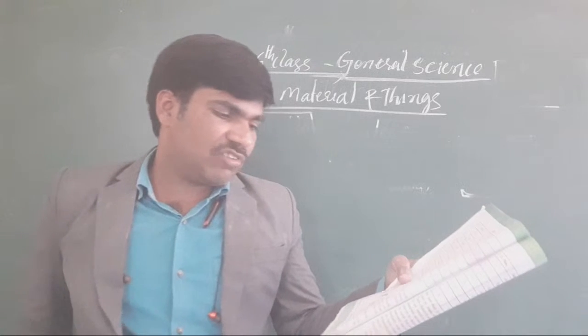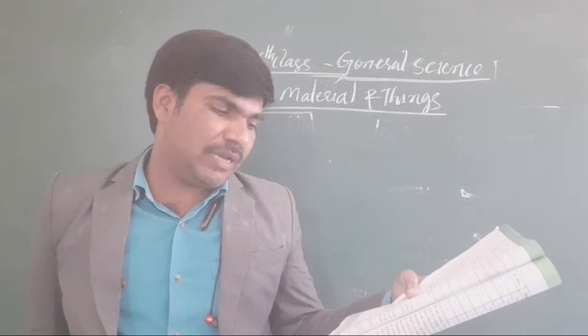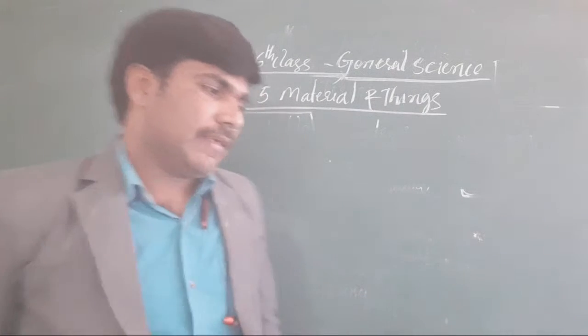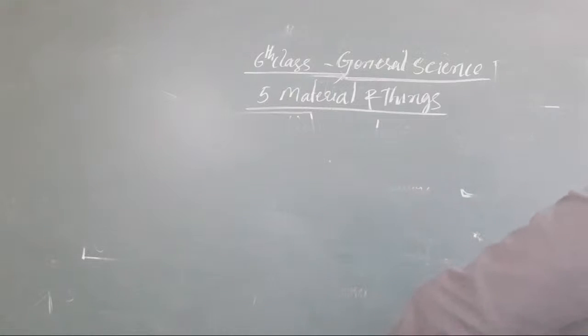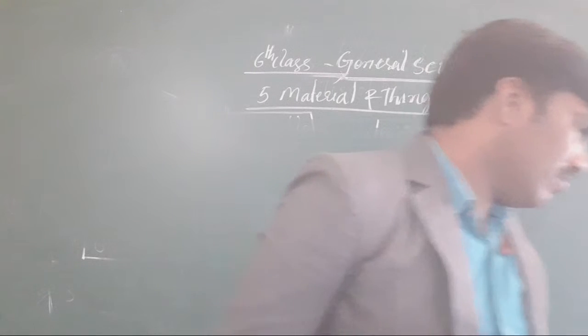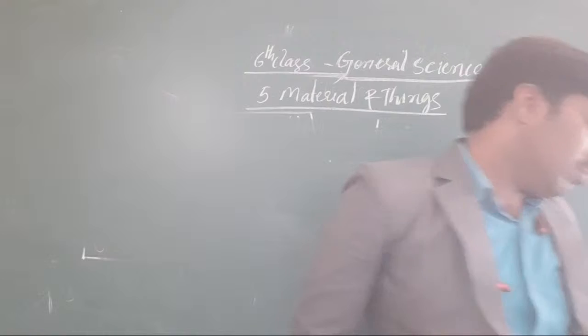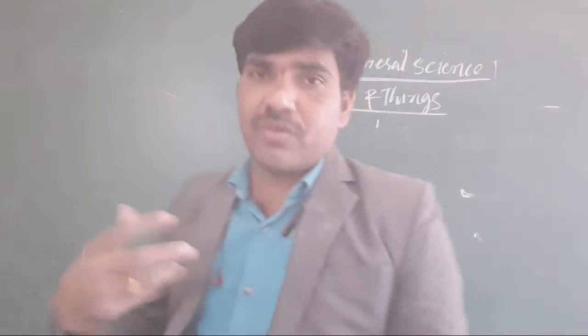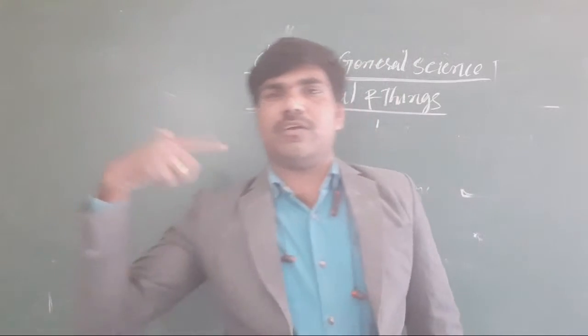Come to your page 44, at the bottom we have one piece of information. When white light shines on an object, it may be reflected, absorbed or transmitted. This is a very important thing now. You take any object, suppose I am illuminated by the tube light.